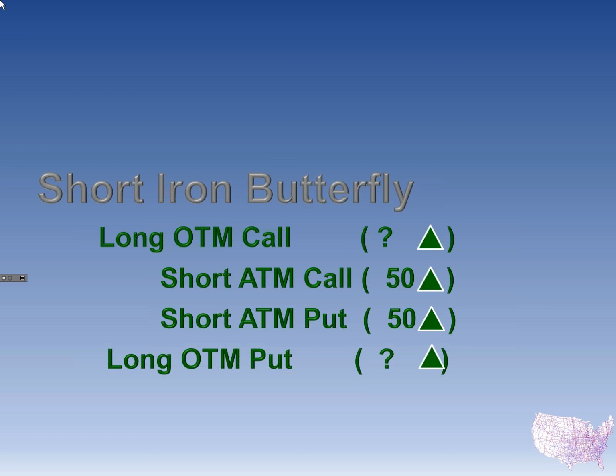Well, the short iron butterfly is pretty easy because, when you're looking at the straddle, that's a symbol for the straddle, by the way, at least from a floor trader perspective, we're selling the at-the-money calls around the 50 delta. That's the ballpark we're looking at.